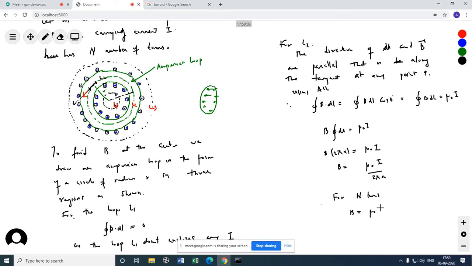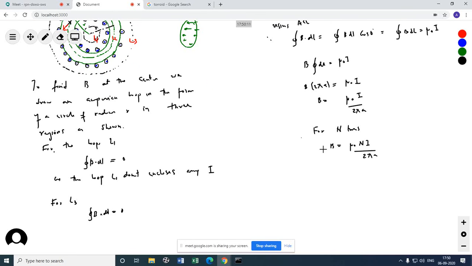B will be equal to mu naught N I by 2 pi a, or I can write B equal to mu naught n I, where n is equal to the number of turns divided by 2 pi a, the perimeter. That is, the number of turns per unit length.